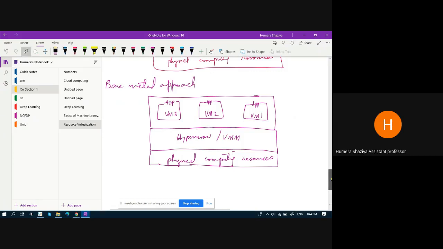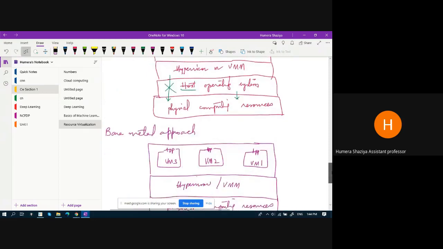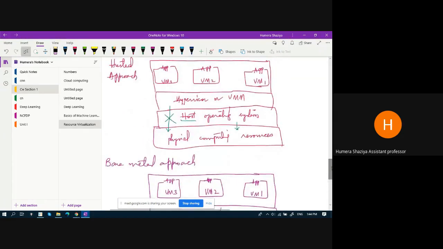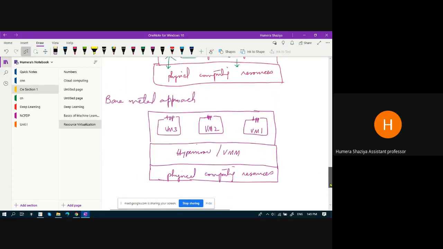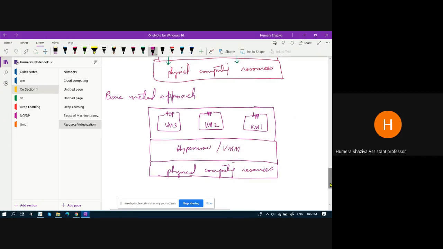Whereas in the hosted approach, we have a host operating system that installs device drivers for different hardware, and thus the hypervisor can work on any platform because there is a host operating system in between. Here the advantage is that the hypervisor has direct access. However, it can't support a variety of hardware platforms.